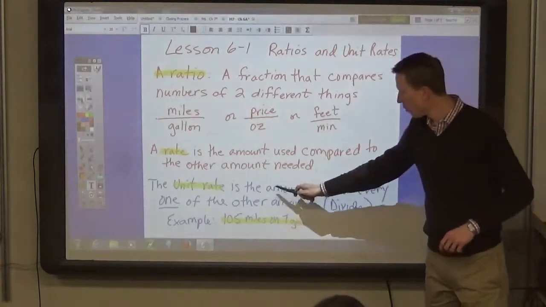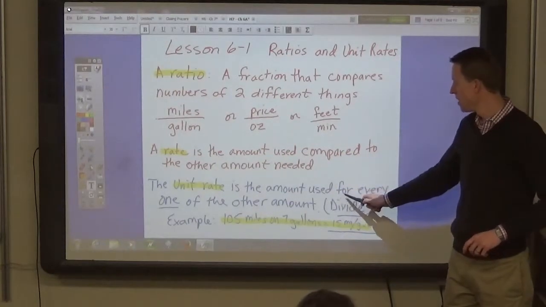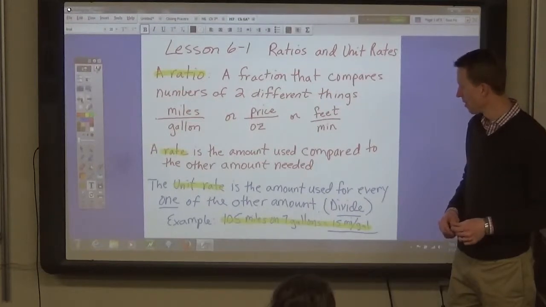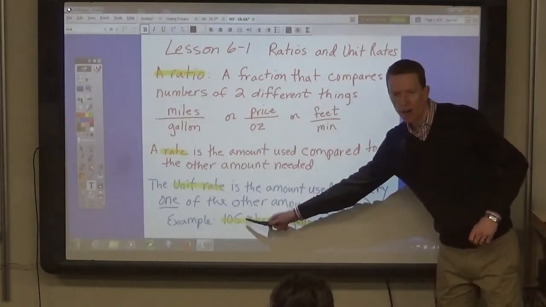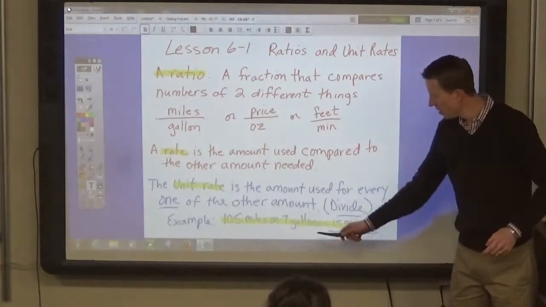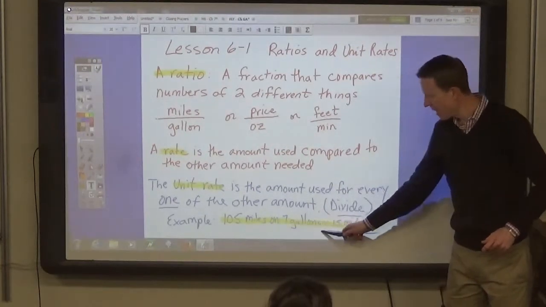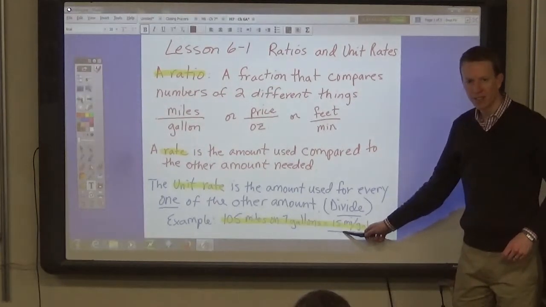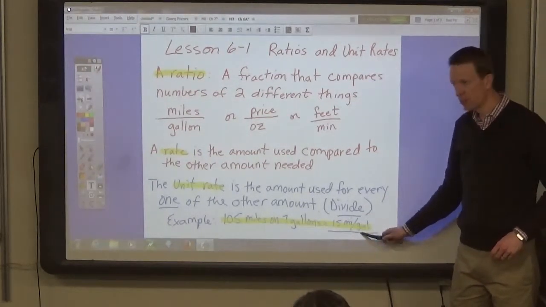Then, a unit rate is the amount for every one of the other amount. In other words, if you've traveled 105 miles on 7 gallons of fuel, then your rate is 15 miles per gallon.